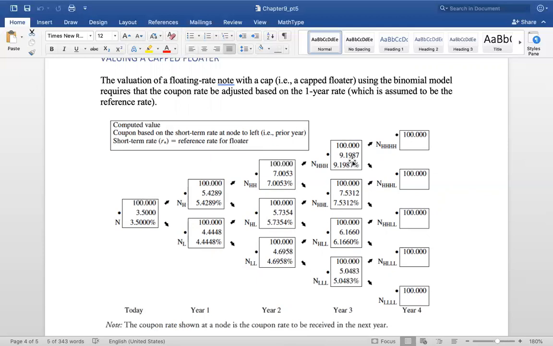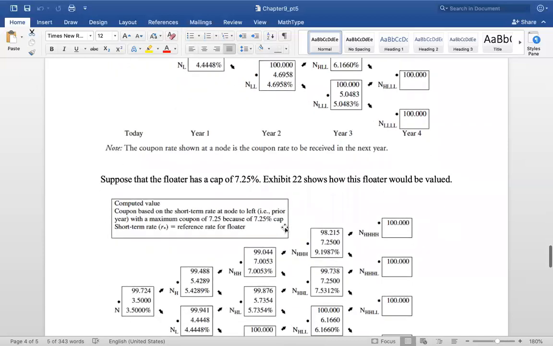So the value will be 100 plus this value, which will also be 100, and then divided by 2. Interestingly, you can see that you will always get the value of 100, and it's pretty straightforward to value this one.